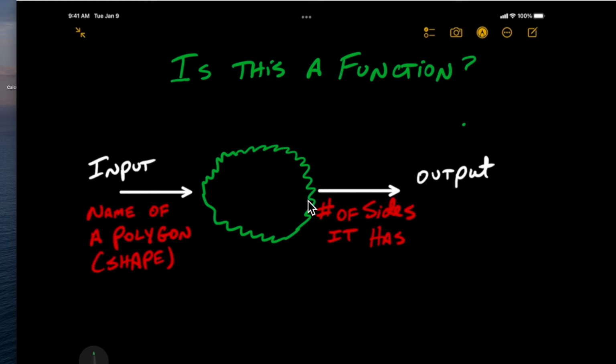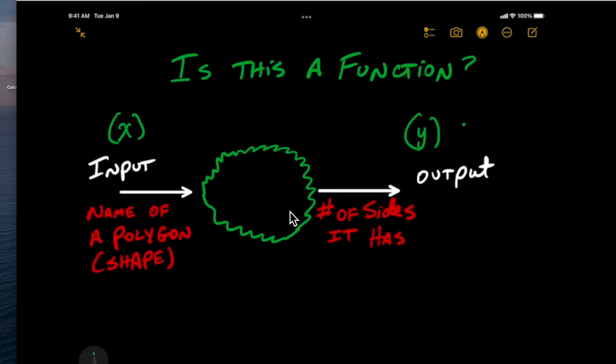A function, as represented by this green amorphous circle here, takes an input and creates an output. From your table, you recall the input is the x value and the output is the y value.